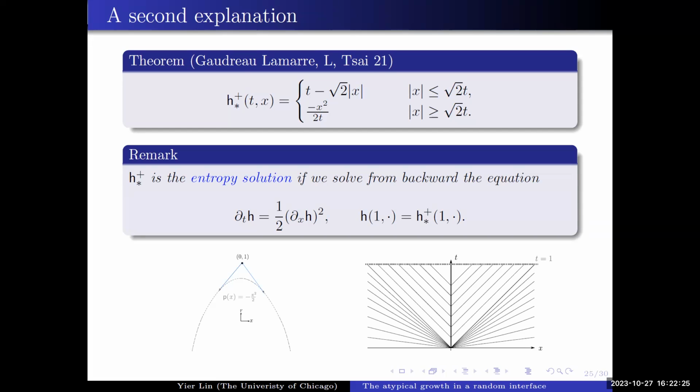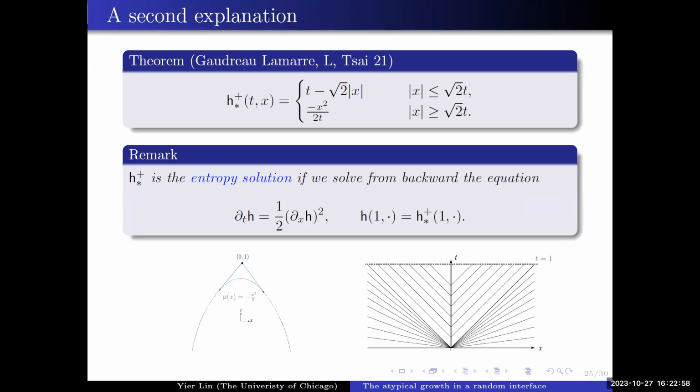And to understand that, I'm just going to give you a different explanation of where this limit shape appears. As we have seen, it solves this PDE, but it's not the entropy solution when you look at the forward setting. When you look at the characteristic lines, they are going out from something in the middle. This is why we call it non-physical, because the characteristic line cannot go out from somewhere in the middle.